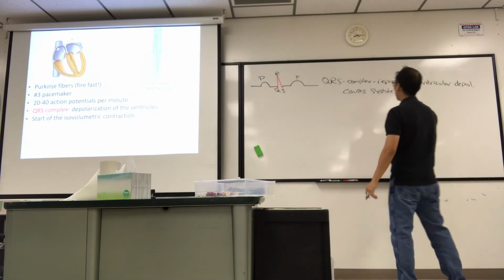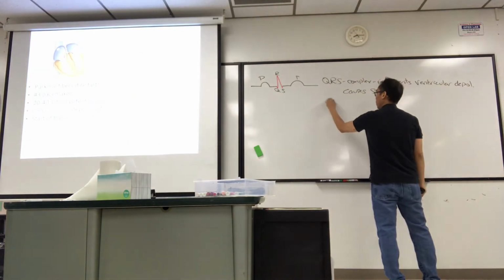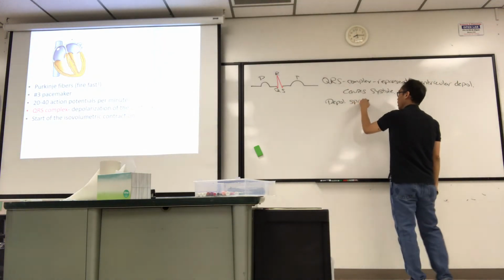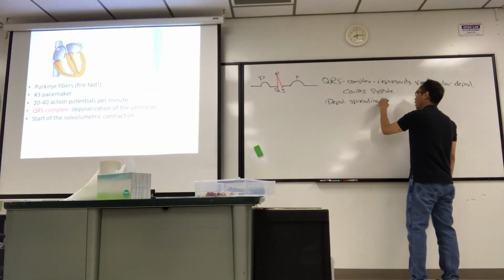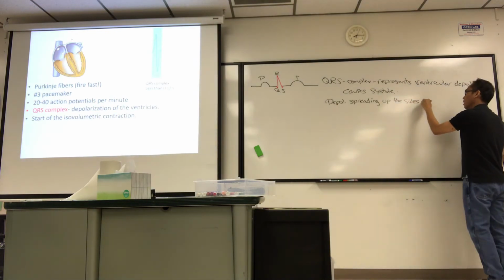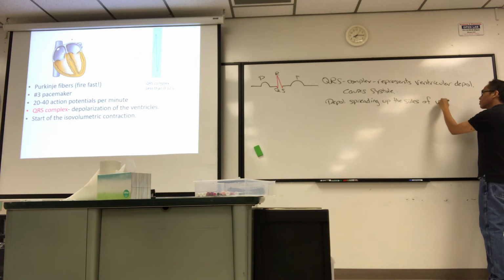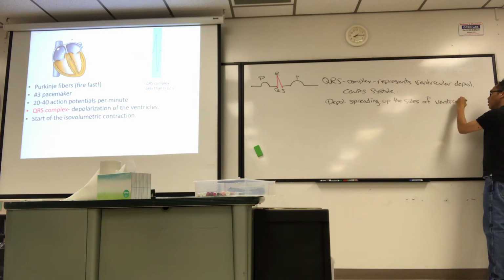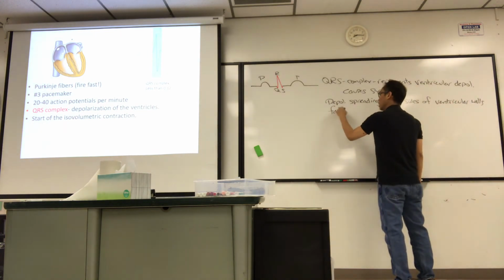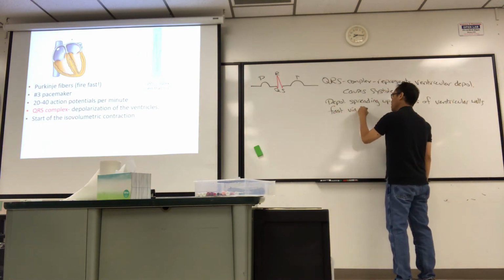So what's happening is the depolarization is spreading up the sides of ventricular walls fast via Purkinje fibers.